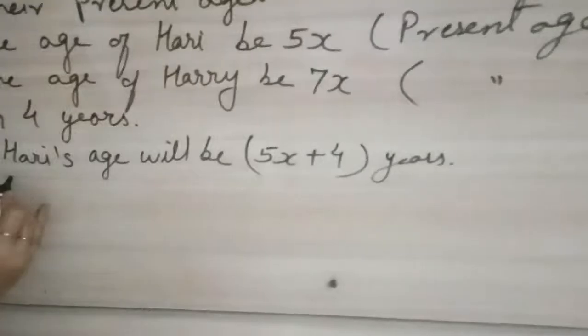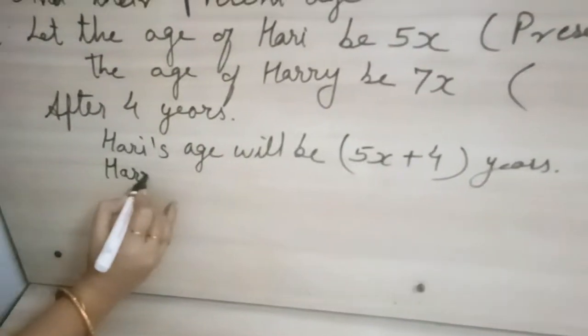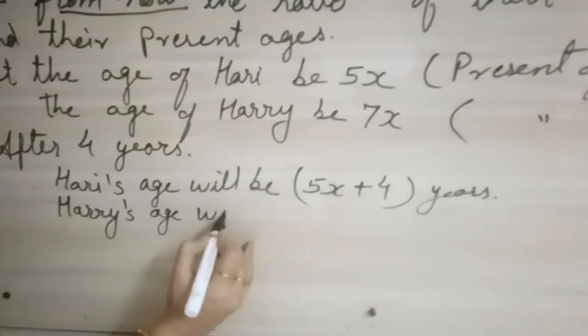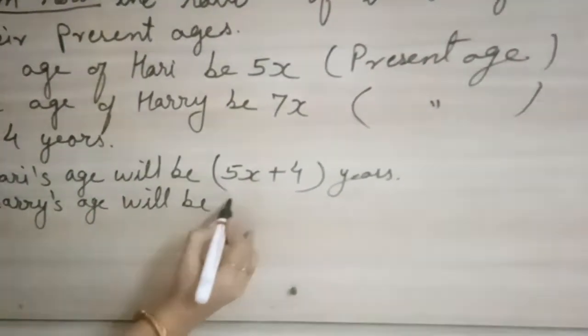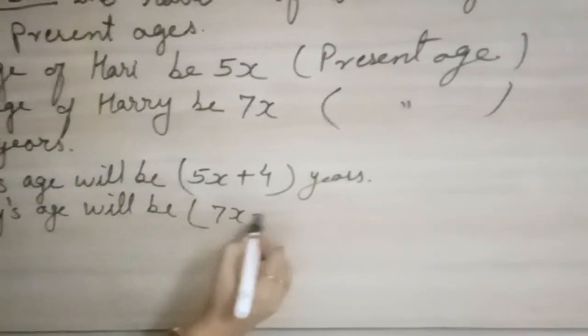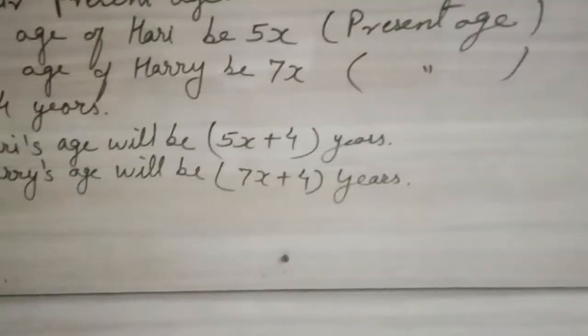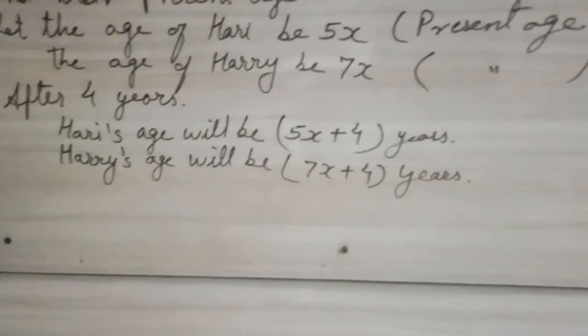And Harry's age will be 7x plus 4 years. This is the condition.